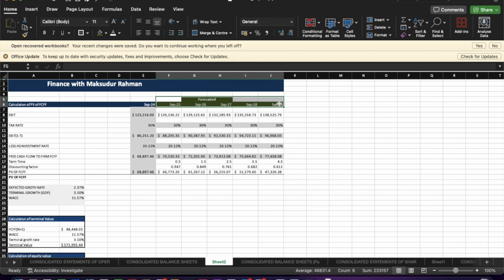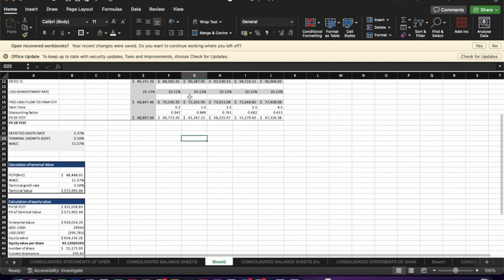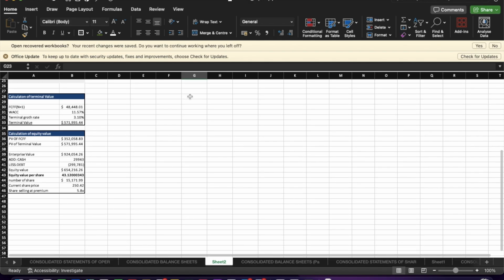Just make it green. So the green part is the forecasted one, as I've mentioned before. And what more we can do? Let's see.